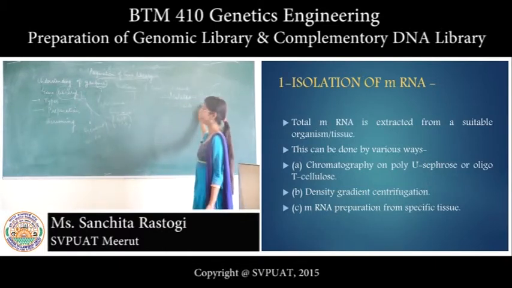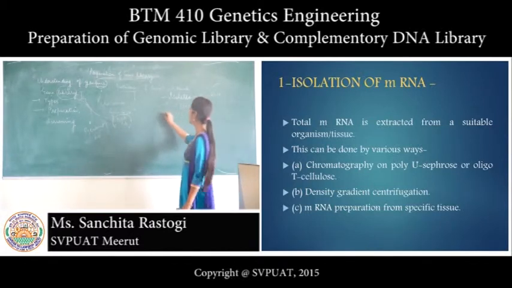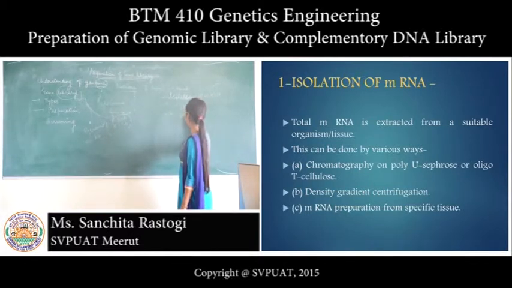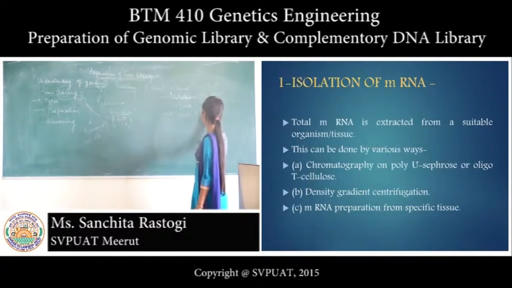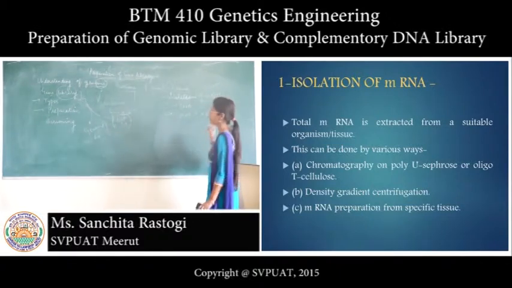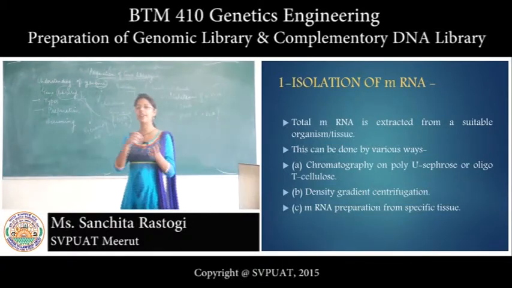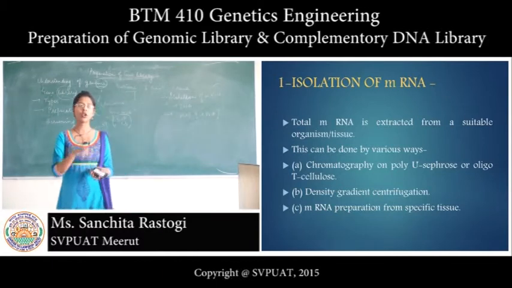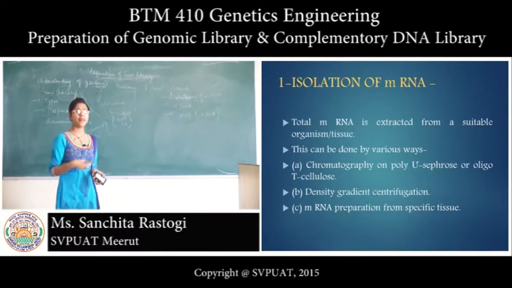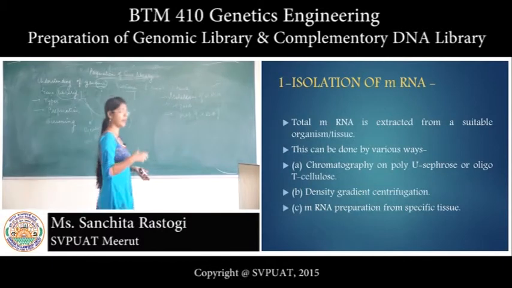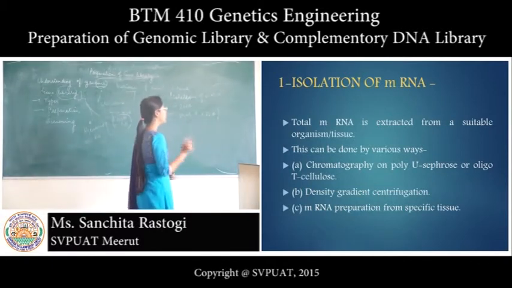And after converting mRNA into cDNA, we need to prepare the library of cDNA. A library of cDNA is just that we isolate a particular mRNA, convert it into cDNA and then load it into a vector for the replication of the cDNA.